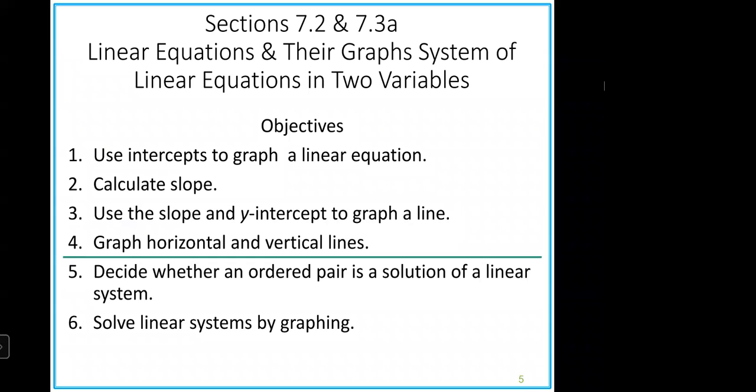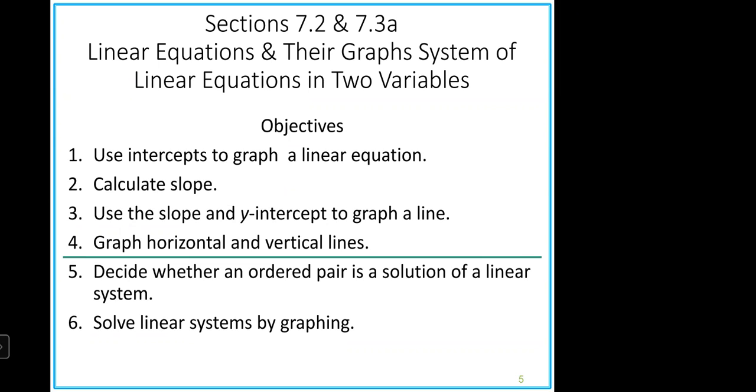So for today, I hope you have your graph sheets, because we're going to be doing some more graphs. We're looking at 7.2 and 7.3, a portion of 7.3 from your text.